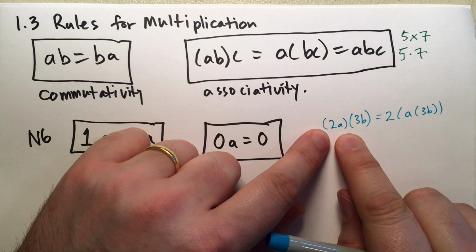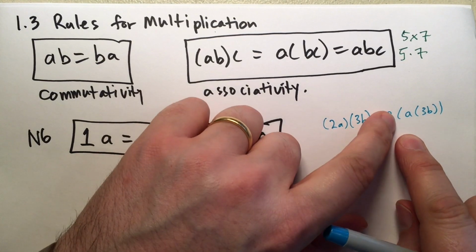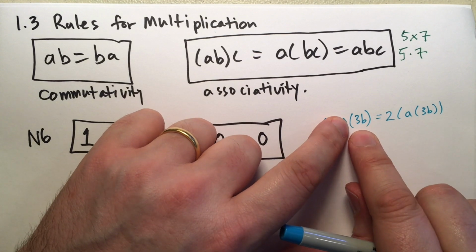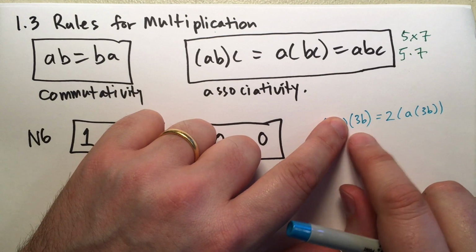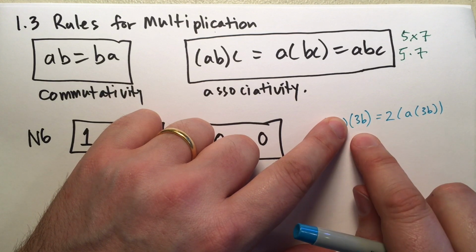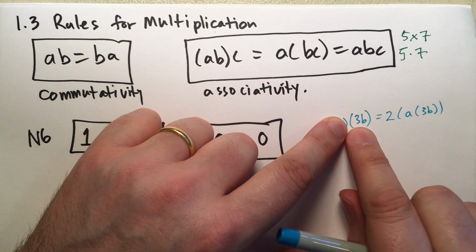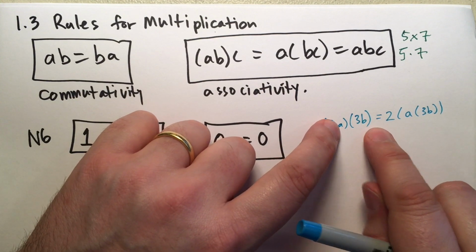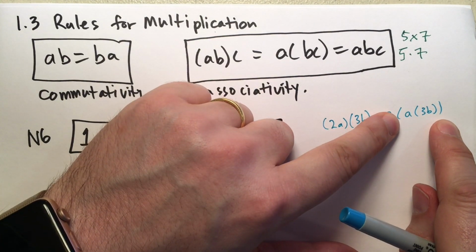In this case, these two parentheses around the 2a are moving to multiply a and the quantity 3b. It's treating the quantity in the parenthesis as a single value. You have to get used to that. If there's a parenthesis, it's a single value. Even though there's something going on inside, when you do all that work on the inside, you're going to get a number back. So we're taking the parenthesis and moving it to surround a and 3b, just like that.